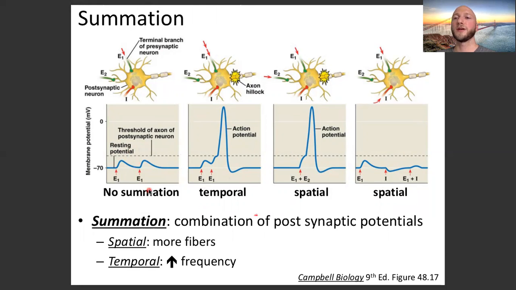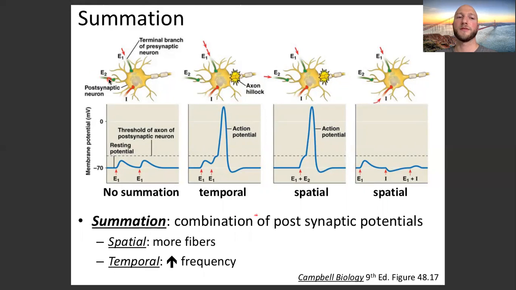It's usually the combination of a bunch of IPSPs or EPSPs coming together to cause the effect that we want. So right here, we have an excitatory EPSP1 that comes down this synapse, connects with the cell body. It depolarizes, but not enough to threshold. Goes back to resting state.